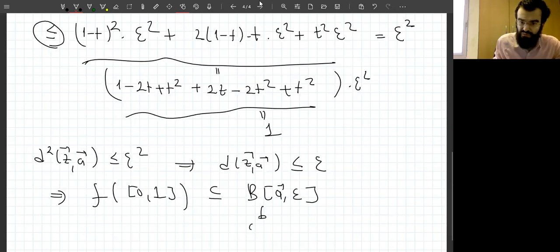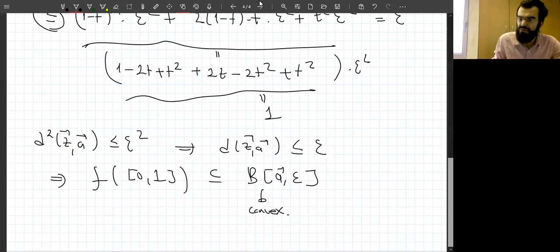Therefore, convex. A similar proof works for the open balls. Okay. Do you have any question?